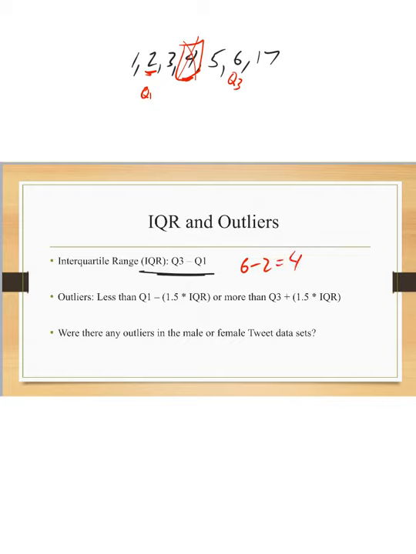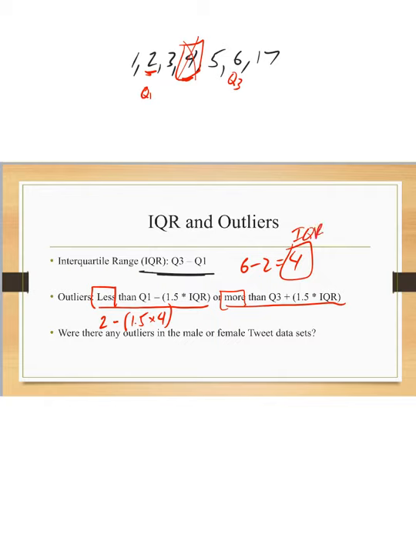Now to find if we have outliers, and clearly I set up this example to have an outlier, there are 2 different potential outlier types. There's a low-end outlier or there's a high-end outlier. And notice this is less than and more than, not less than or equal to and more than or equal to. So on the low end, we'd take Q1, which was 2, minus 1.5 times the IQR, which was 4.